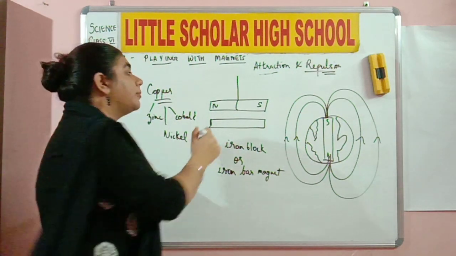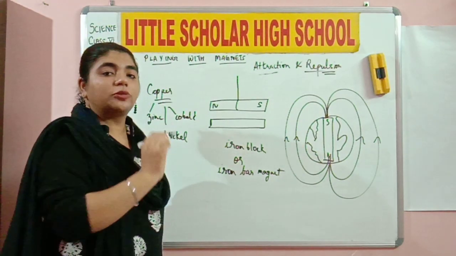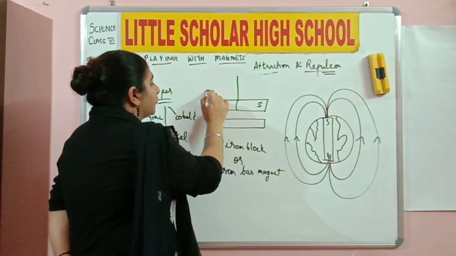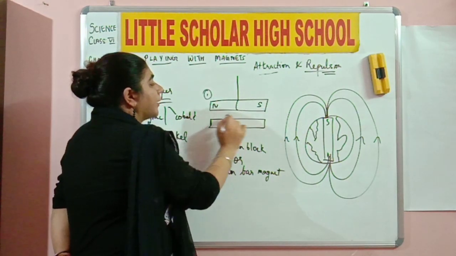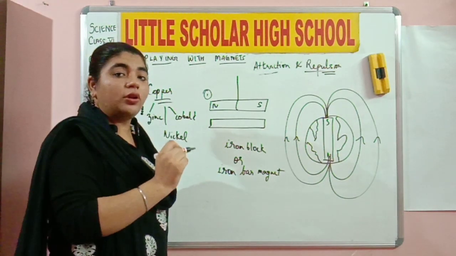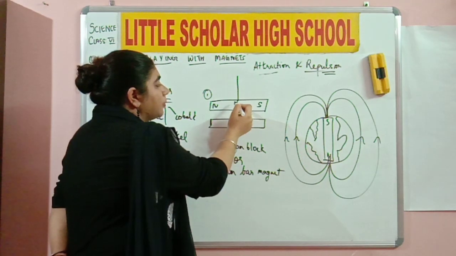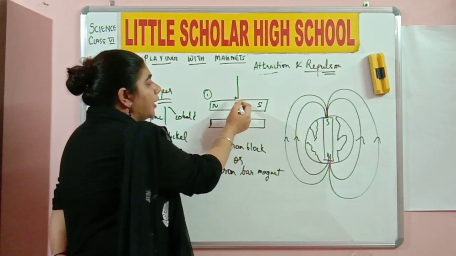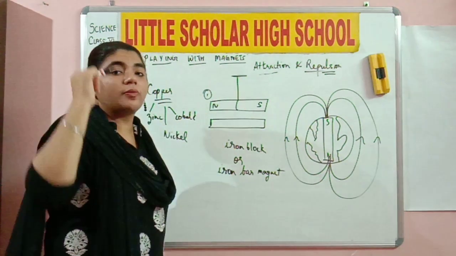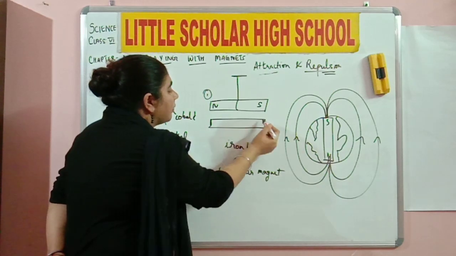I have another magnet with me, where I know which end is the north pole and which end is the south pole. This is my magnet number 1. So I tie a thread in the middle of this magnet and I suspend it from a certain point. When I suspend it, I bring it closer to this iron bar over here.